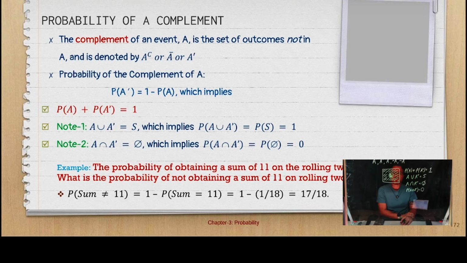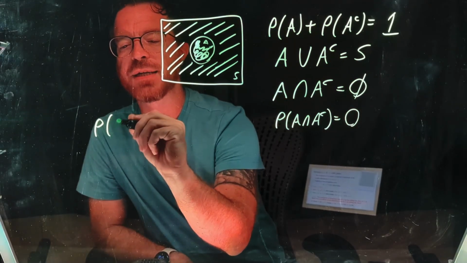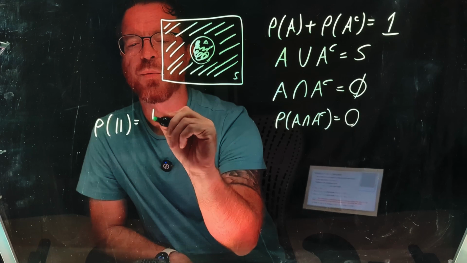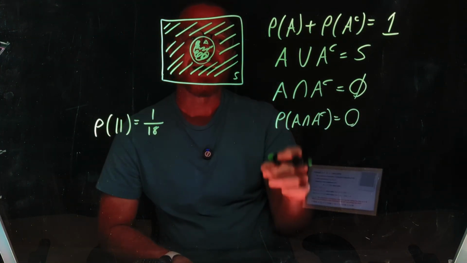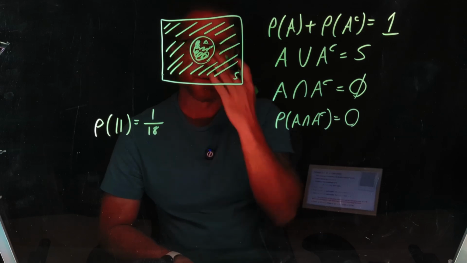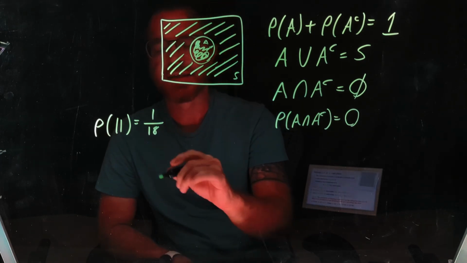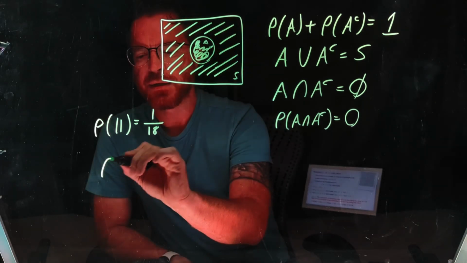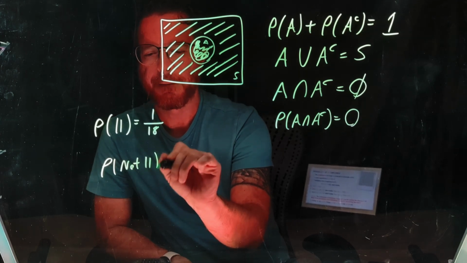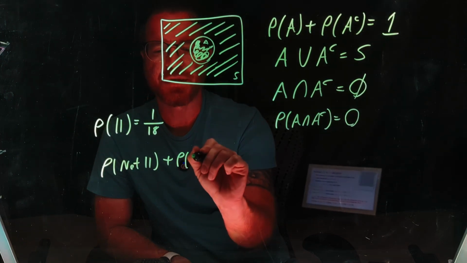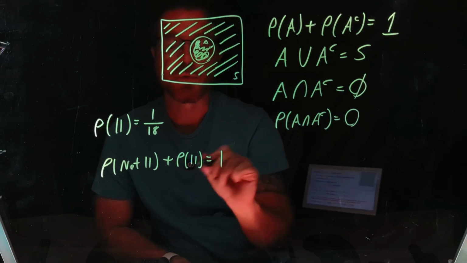So let's do a quick example. The probability of obtaining a sum of 11 when rolling 2 dice is 1 over 18. So the probability that if I roll 2 dice and I get an 11 is 1 over 18. What is the probability of not obtaining an 11? So in this case, we would need to know the fact that the probability of not getting an 11 plus the probability of getting an 11 would equal 1.